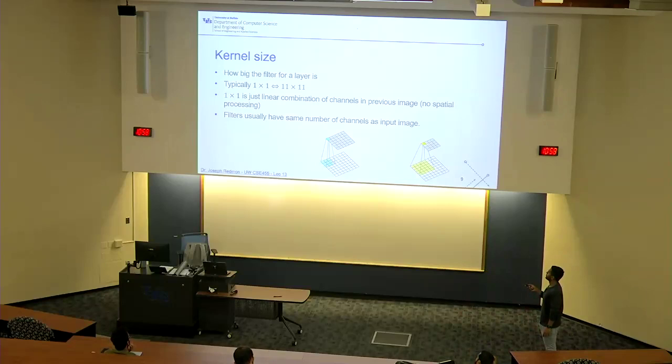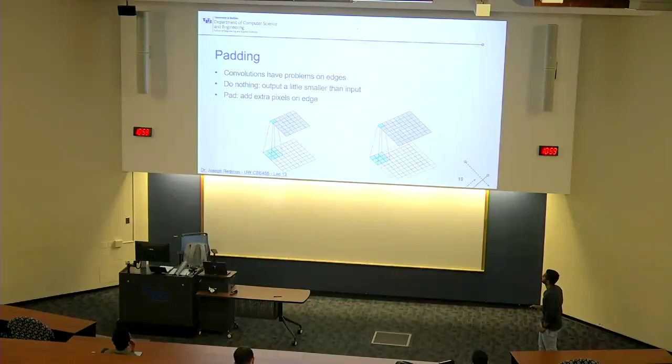Filters will usually have the same number of channels as the input image, so it gets applied to however many channels you have. Same problem as when we were doing convolutions manually. Your image, whatever your filter is, can only be applied by looking at a corresponding region in the image.